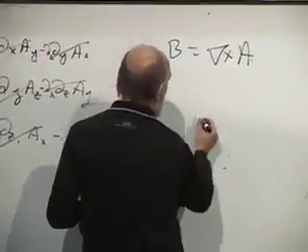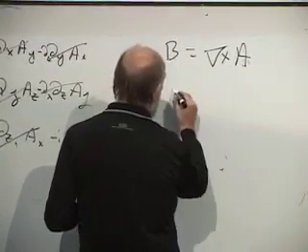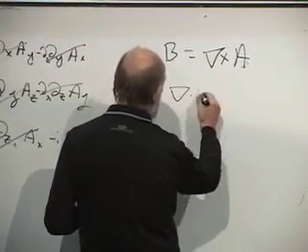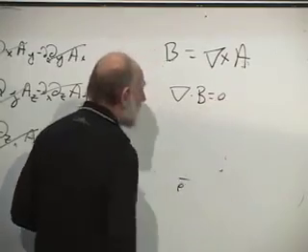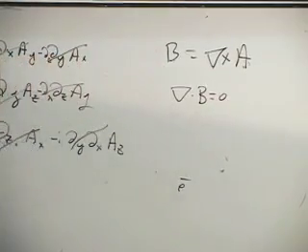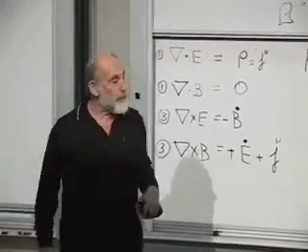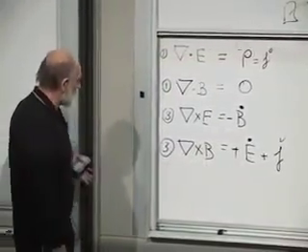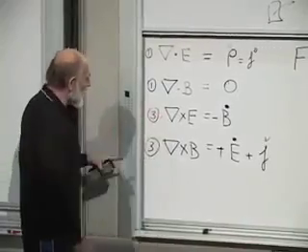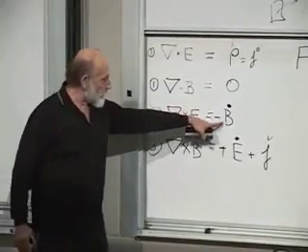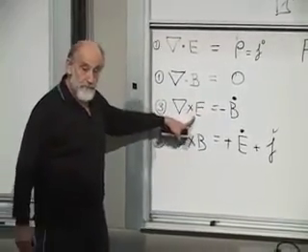For any A, the curl of A is B, and from that it follows that del dot B is equal to 0. So this equation is not an equation of motion, it's just a consequence of the definition of B. So is this one, a consequence of the definition of B and E.